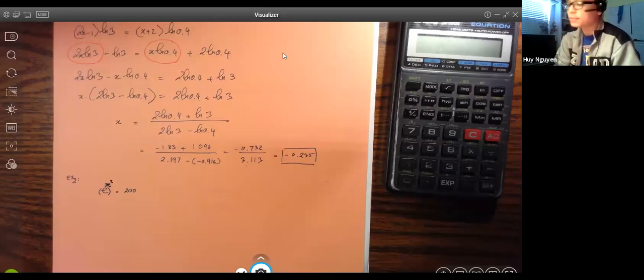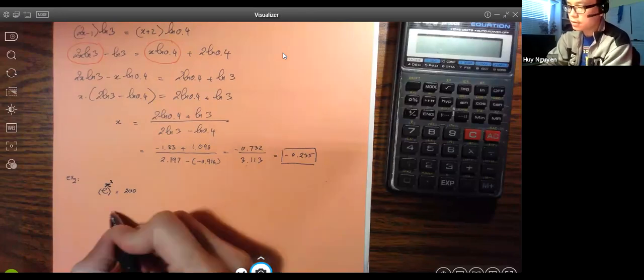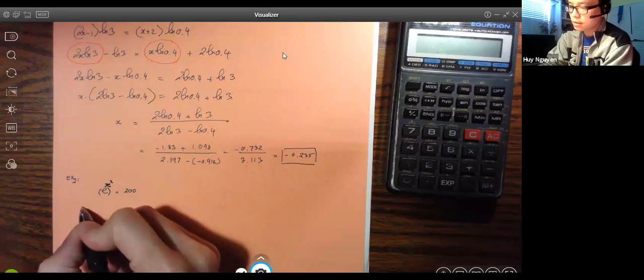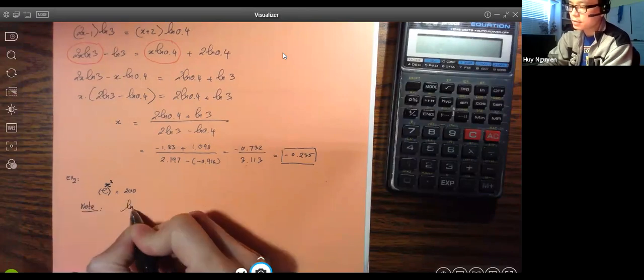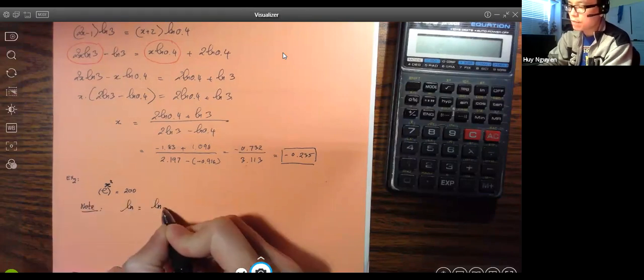Every time you see e, you think about natural log, because natural log is related to e. Natural log is the same as log base e.